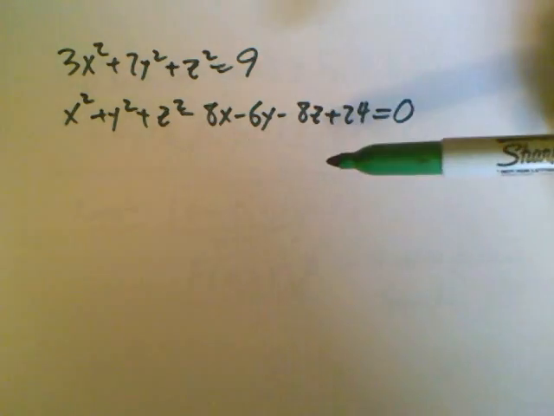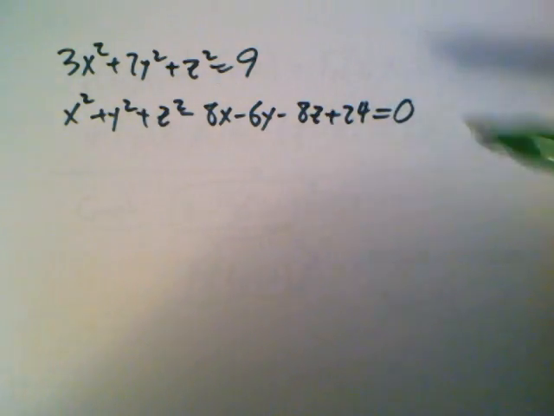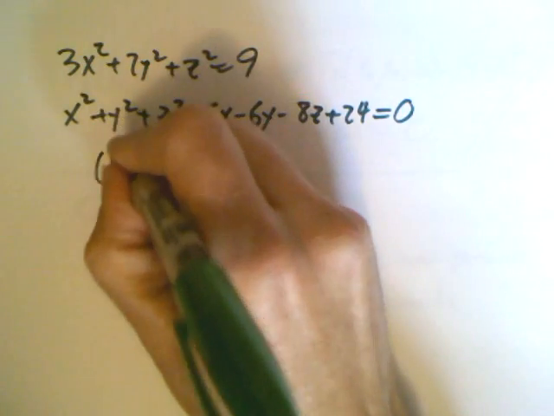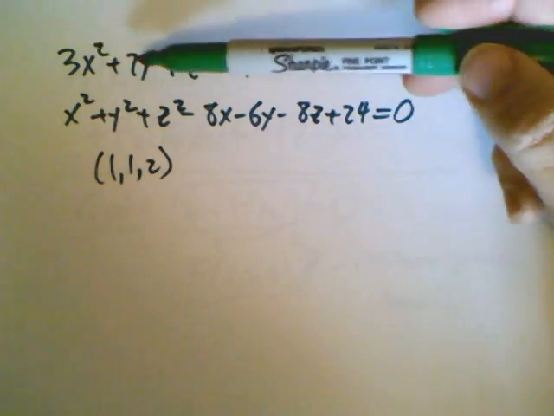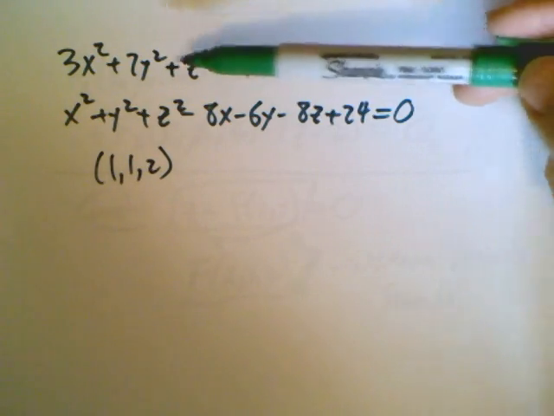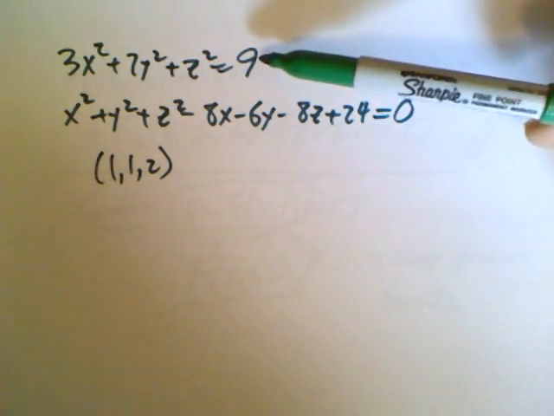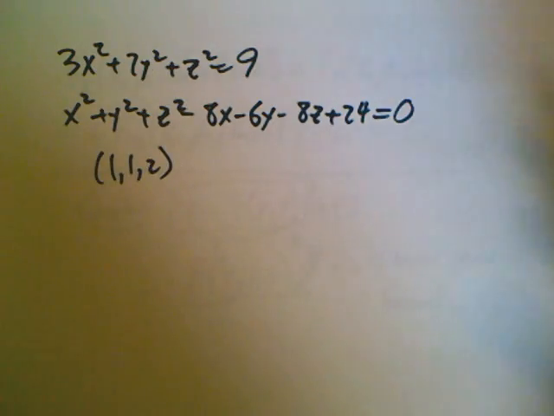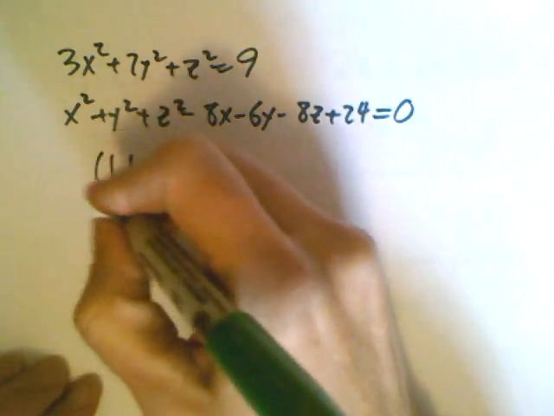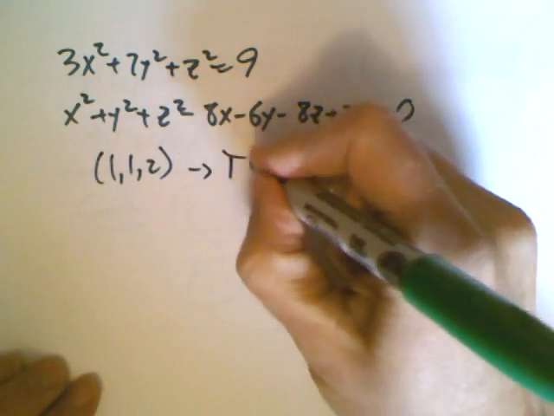But they actually sidestep that issue, and they say the claim is that these guys intersect at (1, 1, 2). And that just means if you plug (1, 1, 2) into here, you get 9. That's correct. You can check it. If you plug (1, 1, 2) into all this, you get 0. So it's on both surfaces, and the claim is that they are tangent.